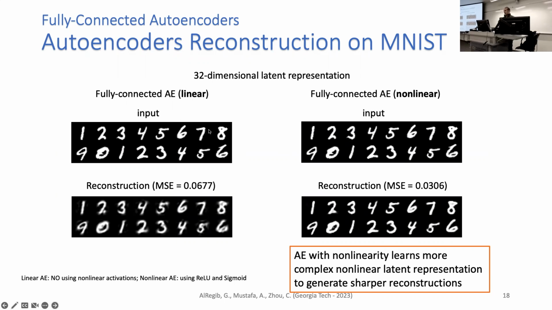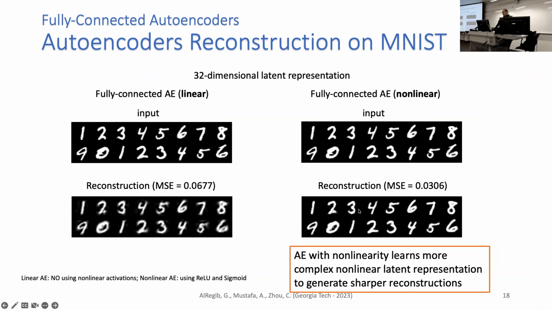These are the input digits, and these are the reconstructed digits. You can see 1, 2, 3, 4, 5, 6, 7, 8. All of them look reasonably good. The only thing is that they are very blurry. The mean square error is 0.0677. Then if you use a nonlinear fully connected autoencoder with the same input, you get this reconstruction.